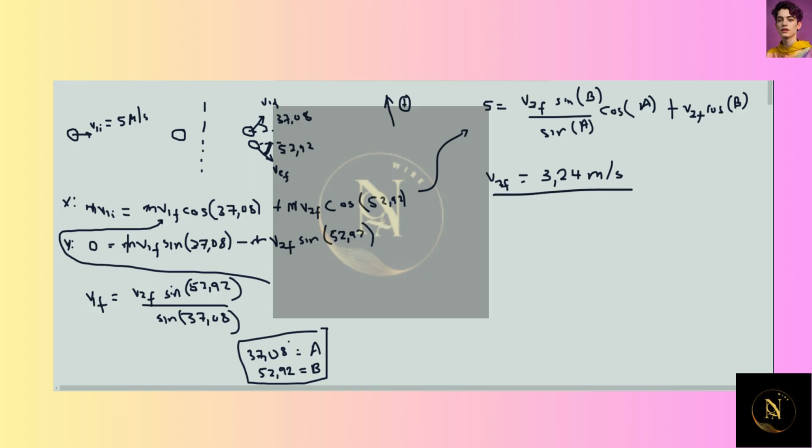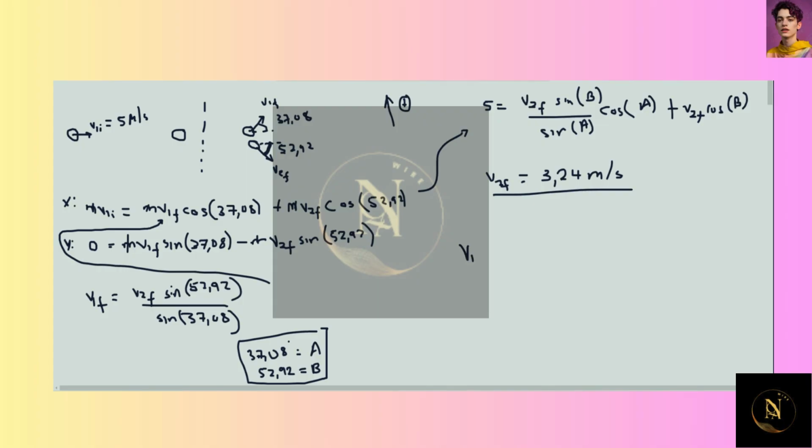That comes from simplifying all of these angles, adding the coefficients, and dividing 5 by that coefficient. Once you have v2f, you know what v1f is in terms of v2f.